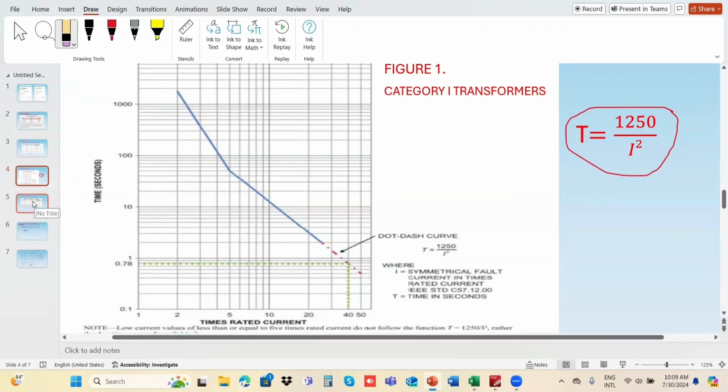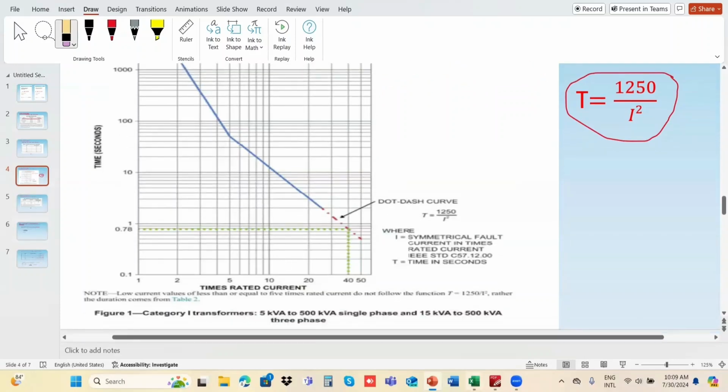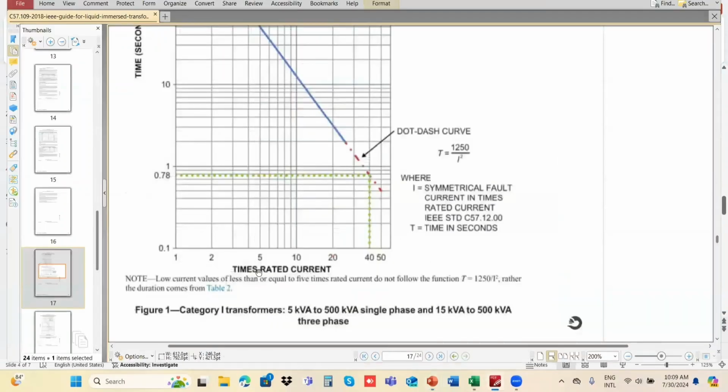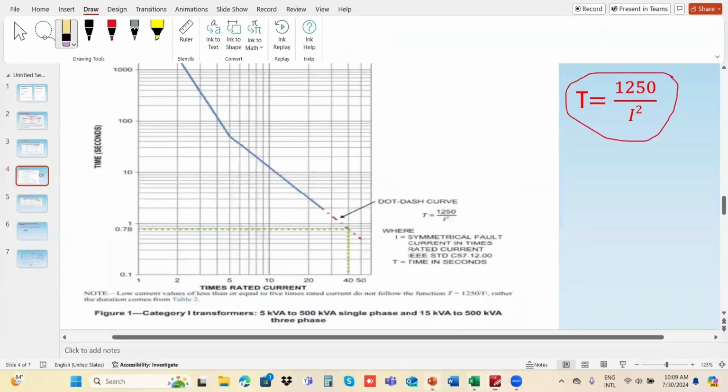And also, if we go back to the note, since it does not follow the function of 1250 over I squared, rather, the duration comes from Table 2. So he said that the duration comes from Table 2.